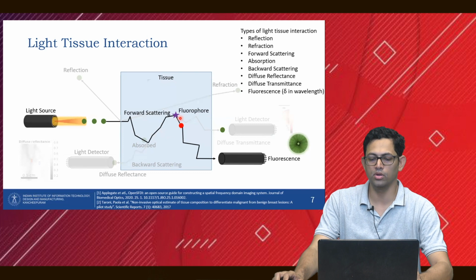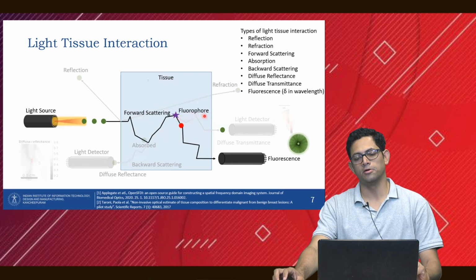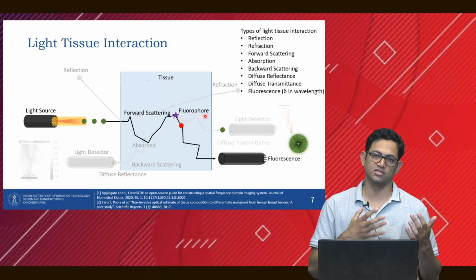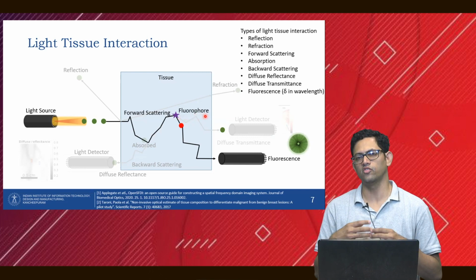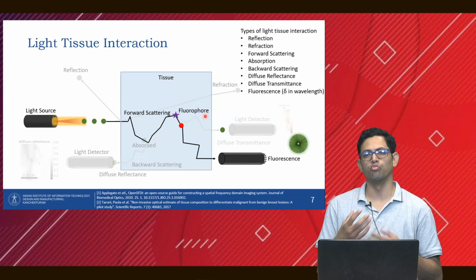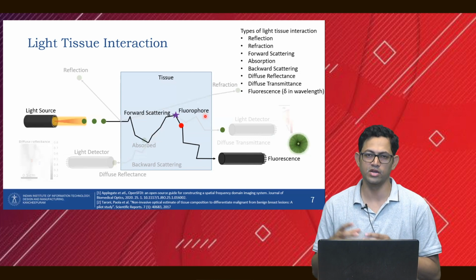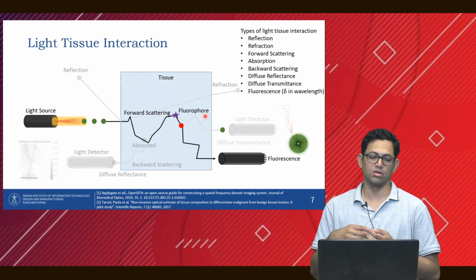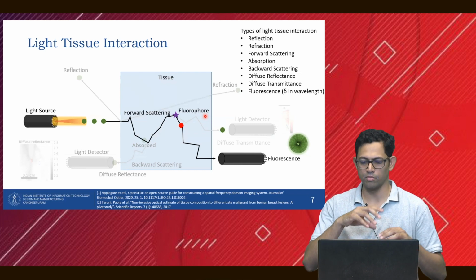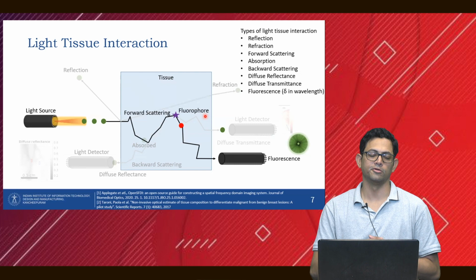Now a fluorophore is a molecule which could be both endogenous as well as exogenous. Endogenous means the fluorophore is a part of our own human body. Exogenous means that it could be given intravenously or given to you for the measurement of a particular disease.